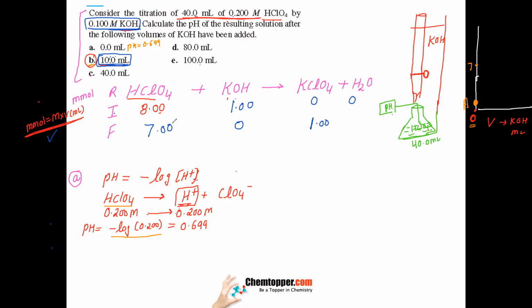Now check the final situation. Water, of course, is there, but we are not interested. There's plenty of water. Now look at the final situation. Who is stronger here? Who is going to control the pH in the B part? Who will control the pH? Who is stronger? We are doing the B part.